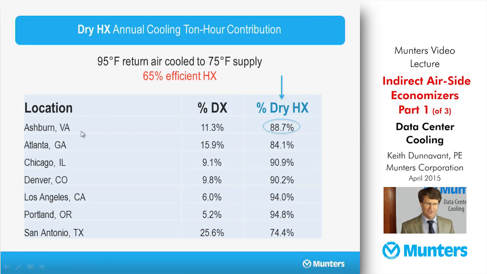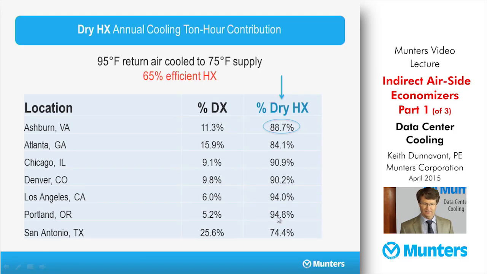In Ashburn, Virginia, almost 90% of the annual ton hours we're going to be able to reject with just the heat exchanger. 11.3% of the annual ton hours are rejected with DX, and that's pretty good.